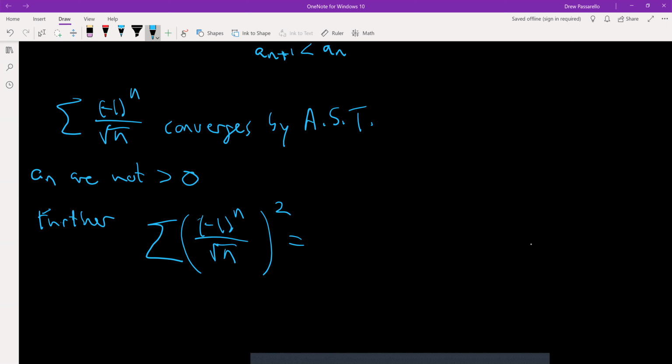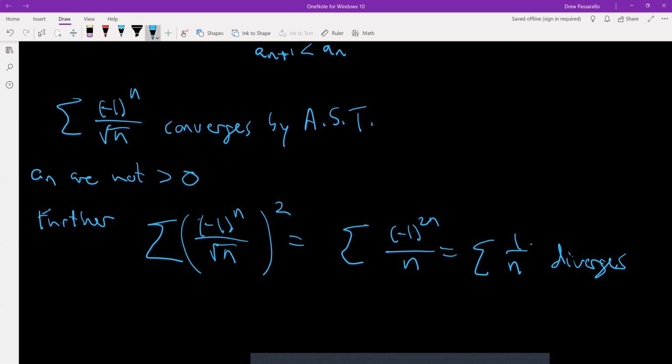That's going to give us -1 to the 2n over n. Squaring a square root cancels out the square root, so you just have n. 2n is an even number, so -1 raised to an even number is just 1. That's really the harmonic series, which diverges.